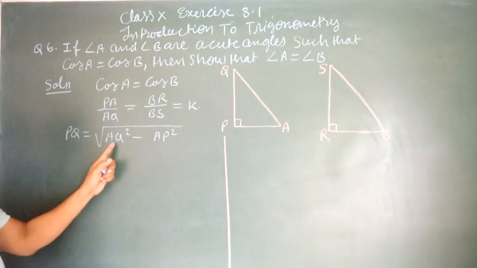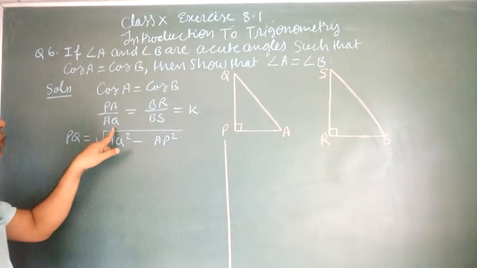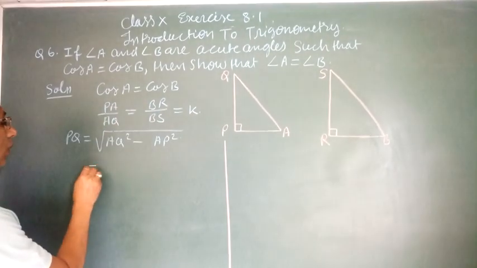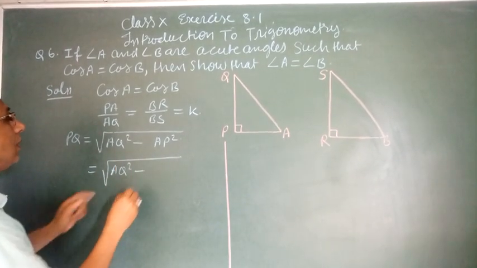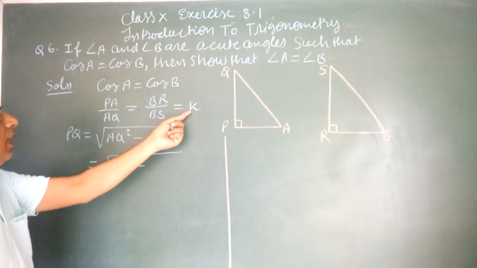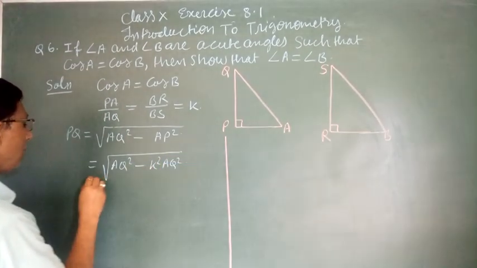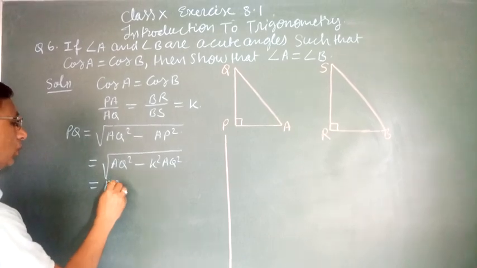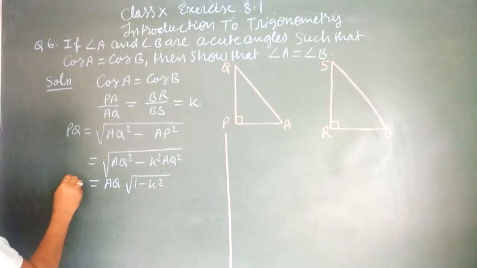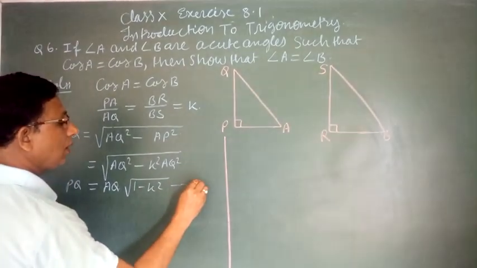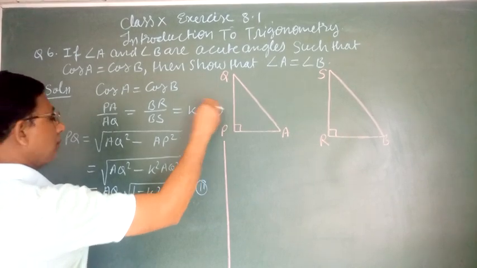So here if we take AP is equal to K into AQ, then it will be under root of AQ square minus, in place of AP we can write K into AQ, that is K square AQ square. So we will take out AQ here, then it will become AQ under root of 1 minus K square, that is equal to PQ. This is your second equation, that is first equation.